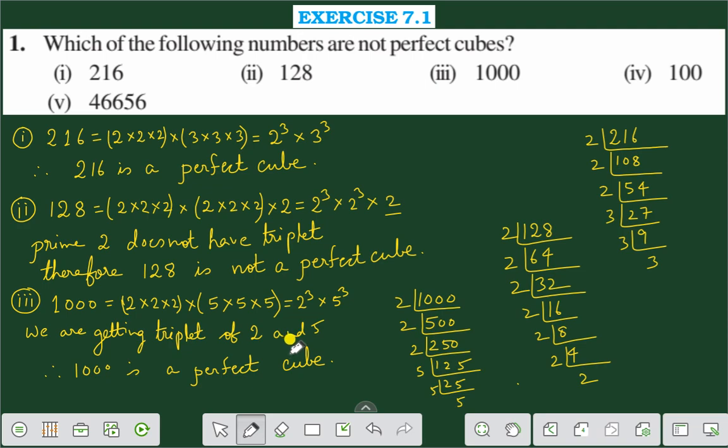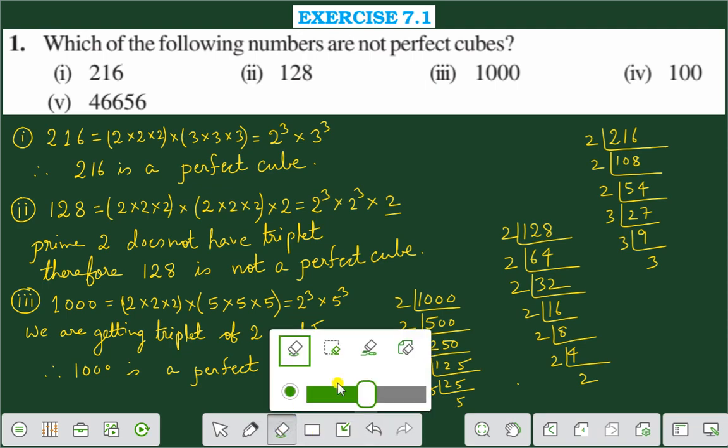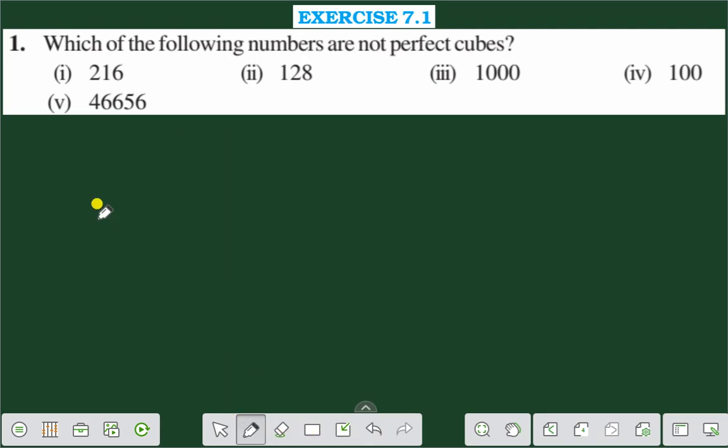Let's solve question number 4. Now you see question number 4 is 100. If we find the prime factorization of 100, we are getting 100 divided by 2 is 50. Again divided by 2, that is 25. Again divided by 5, that is 5.